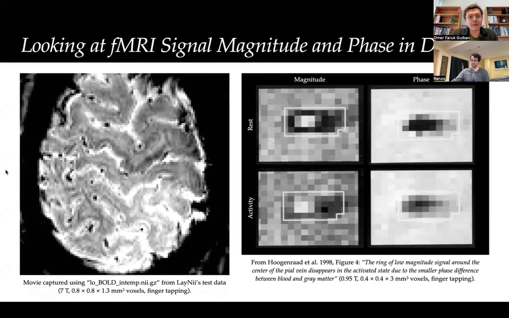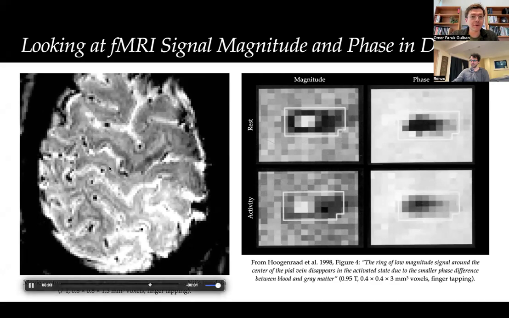When it is more black, it means that there is more deoxygenated blood there, so the signal is lower. And when there is finger tapping, the oxygenation level increases, and this is a very large vein. I can also tell you based on the anatomy and knowing the other slices.